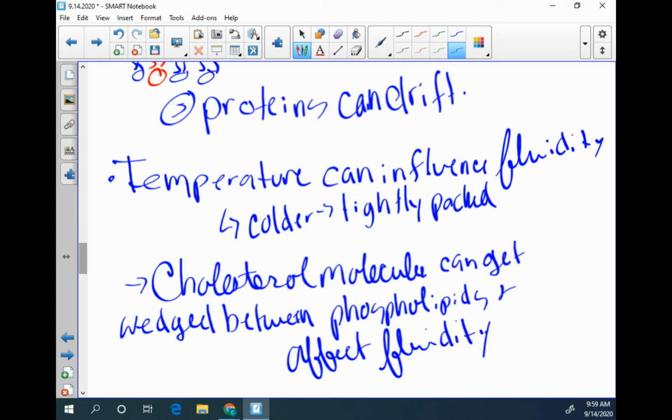If those cholesterol molecules are in there, those phospholipids can't pack as tightly together, so they don't solidify as much as they would if that cholesterol wasn't there. So cells that are adapted to colder environments have more of this cholesterol in order to ensure that the fluid mosaic remains in place.